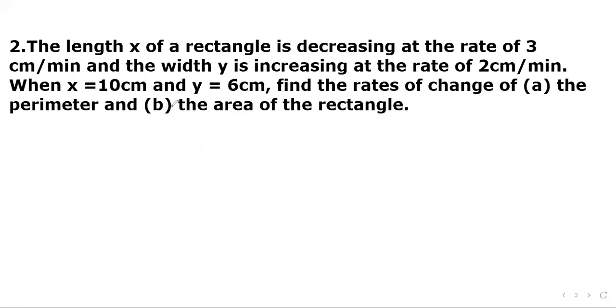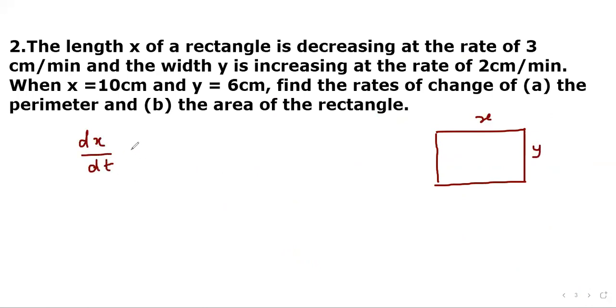Let's take the next question. The length x of a rectangle is decreasing at the rate of 3 centimeter per minute. Suppose we are given a rectangle, length is x and width is y. So here it's given dx upon dt.